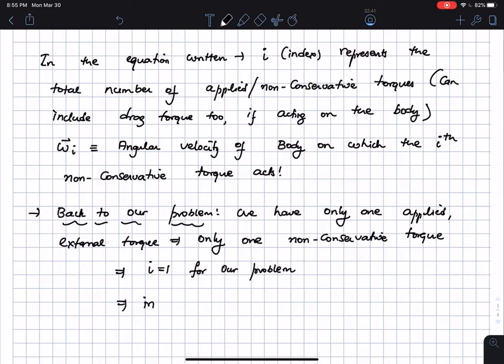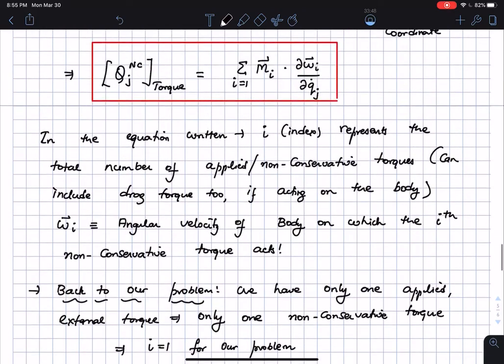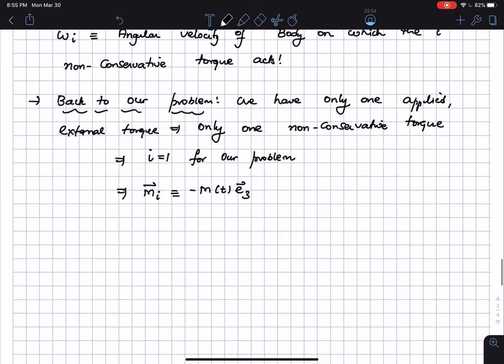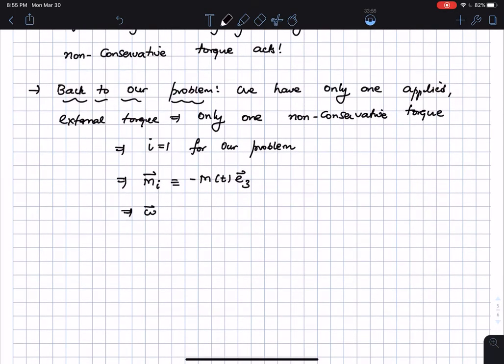And so M I is just m of t in the E3 direction. Don't forget that there is a dot product here. Then omega I is going to be minus theta dot in the E3 direction, and qj dot for us is the time derivative of the generalized coordinate, which is theta dot.